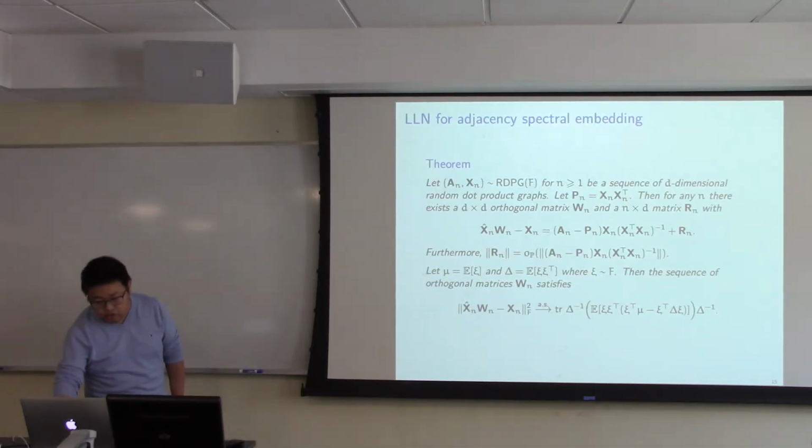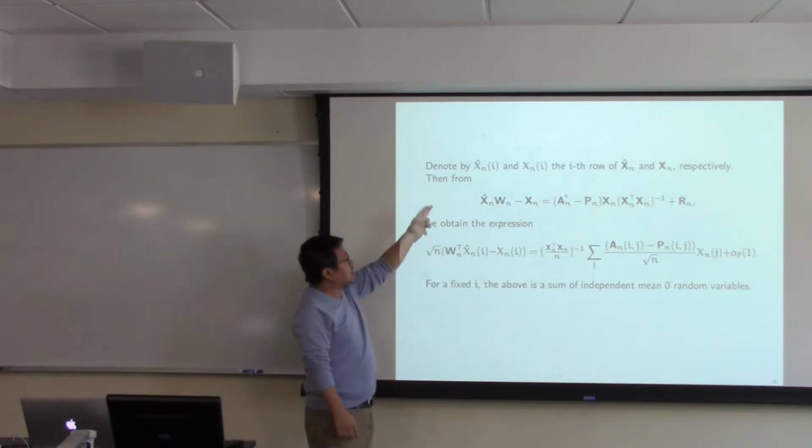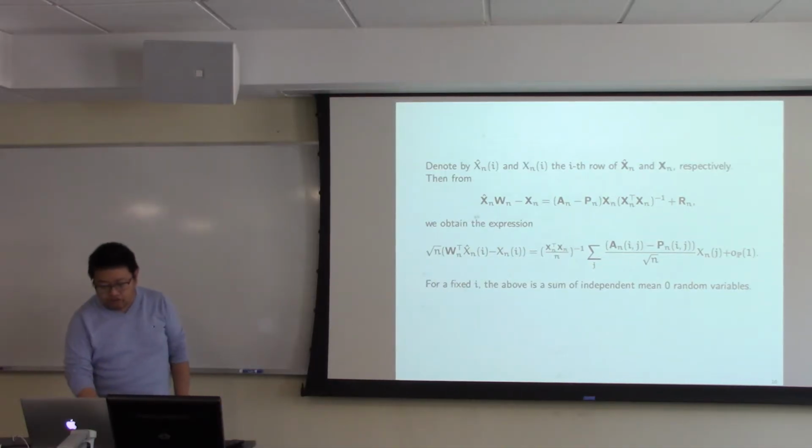But more interestingly to me is the fact that if I can write it in this form, and I ignore the residual term, then if I let X hat n i be the ith row of my adjacency spectral embedding, this difference for the ith row can be written in terms of a linear combination of the independent entries A n ij minus P n ij, summing over j.